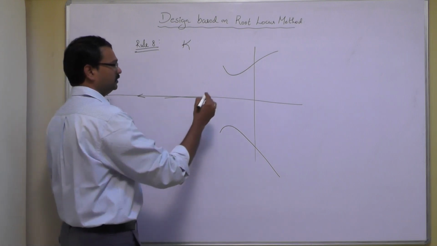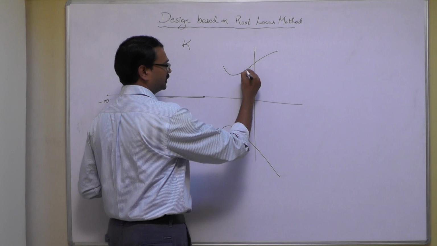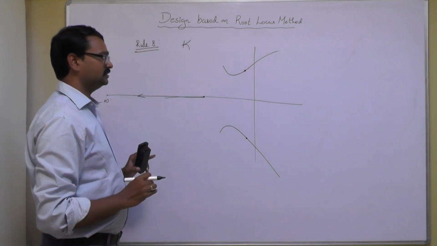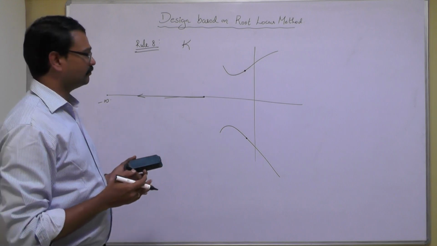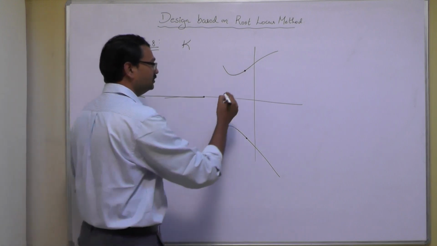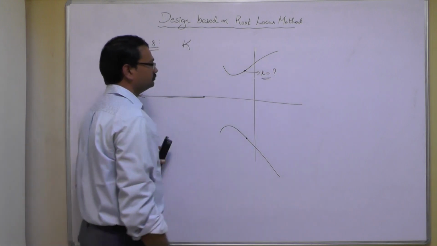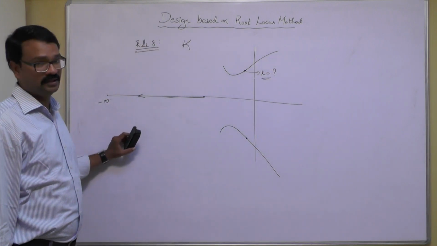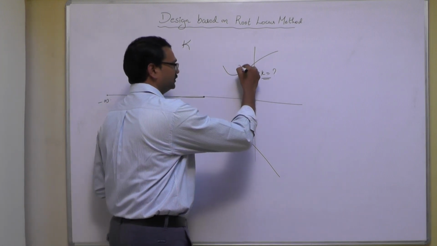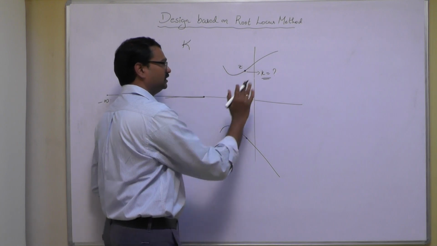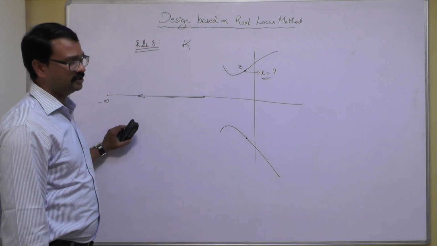Now, any point on this root locus can necessarily be called a closed loop pole. So what is the value of gain K at such a value Z? At this value Z, what is the value of gain K is what is to be determined here.